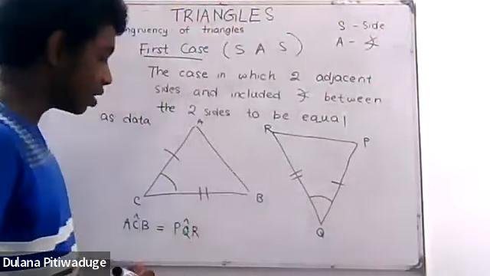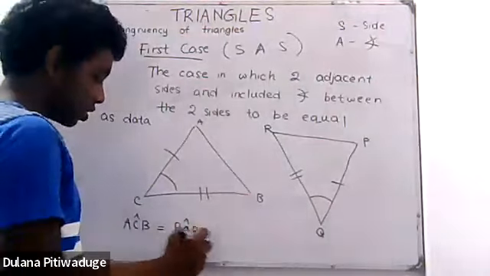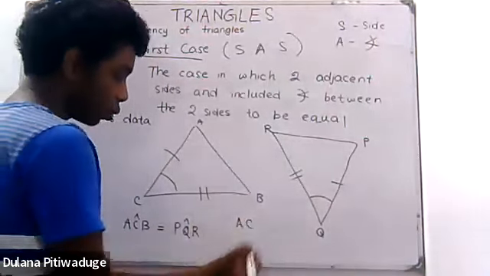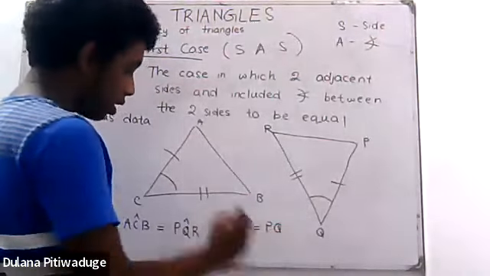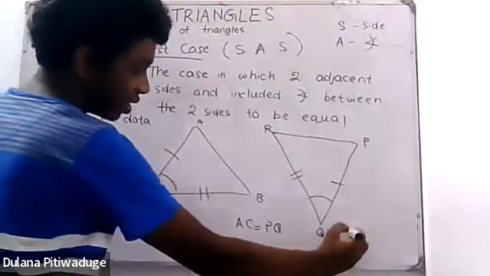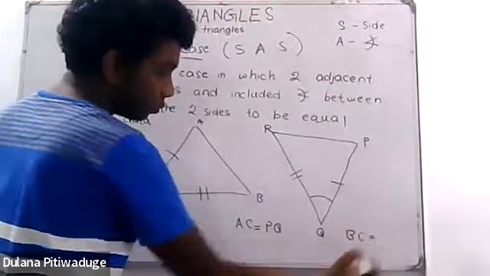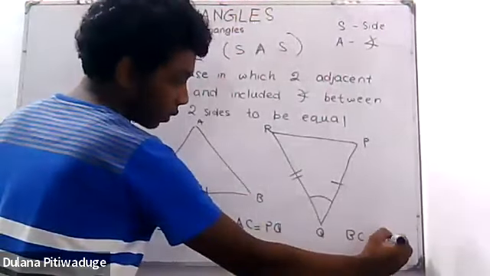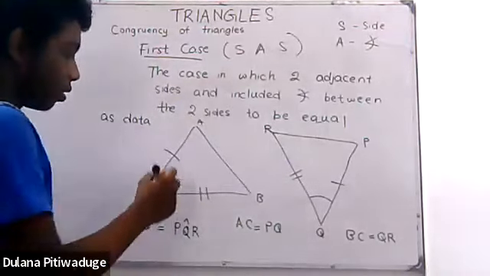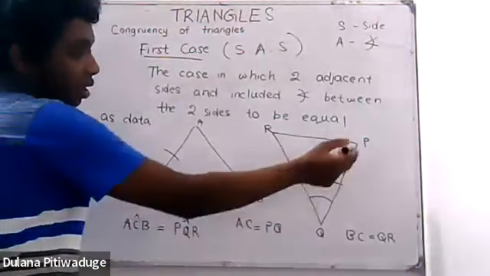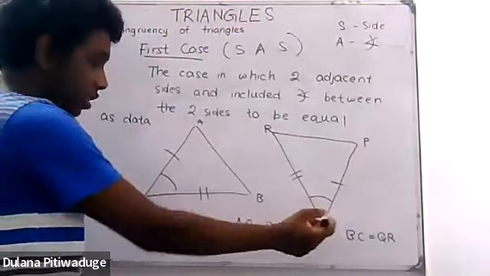Now there are 3 elements which are equal in these triangles. Side AC is equal to PQ and side BC is equal to QR. Here, one side and another side of the other triangle are equal.